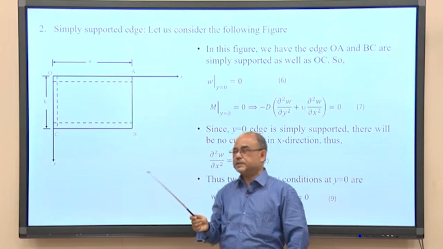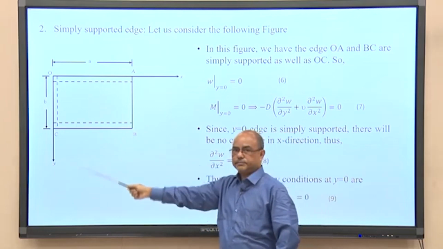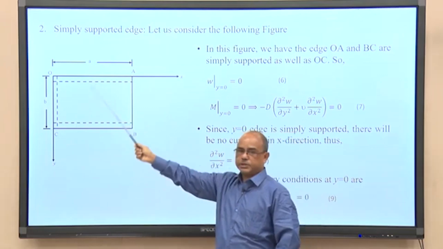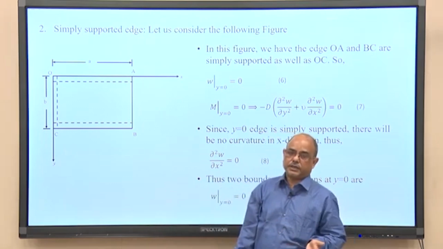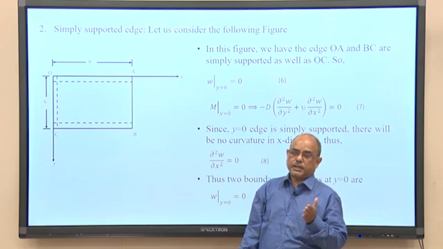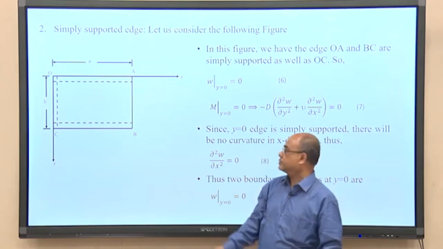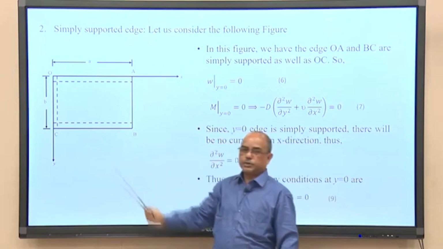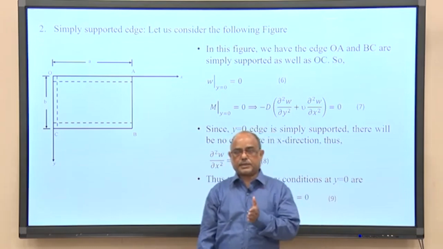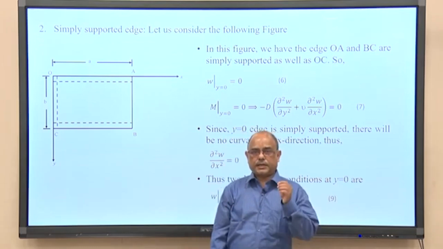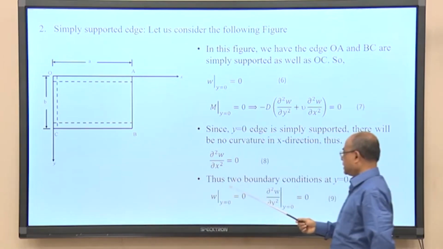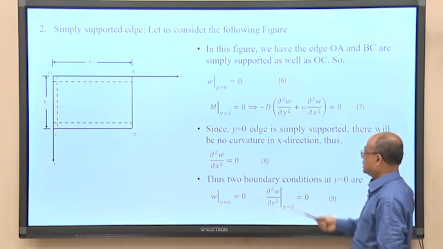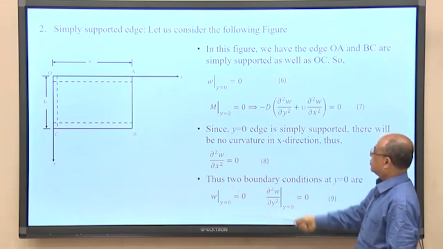But since it is supported along the edge OC, which is parallel to the y axis, there cannot be curvature along the y direction. That means del square w by del y square is 0. So, for that edge the conditions will be w at x is equal to 0 is 0 and del square w by del x square at x is equal to 0 is 0. It can be written in a similar way at this edge OC.